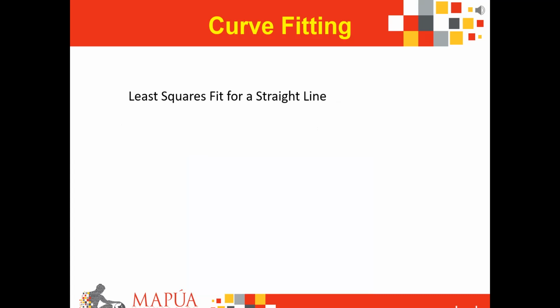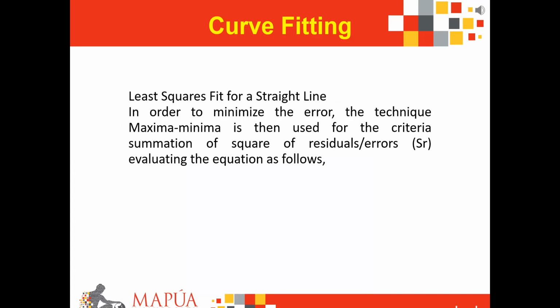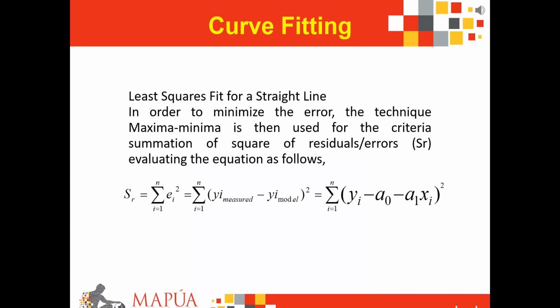Since this criterion is used in order to select your straight line, the technique is often referred to, or known in some textbooks, as the least square regression technique. So in order to minimize the error, we simply minimize this criterion, which is your sum of the squares of residuals.